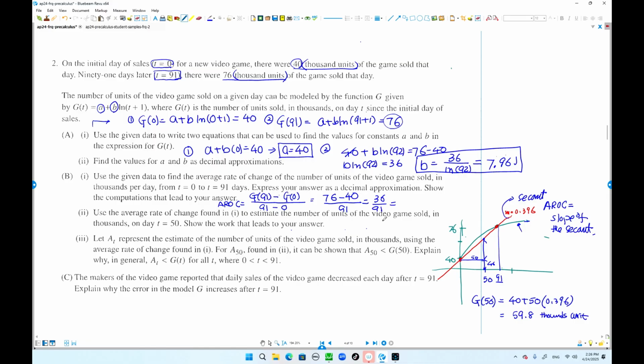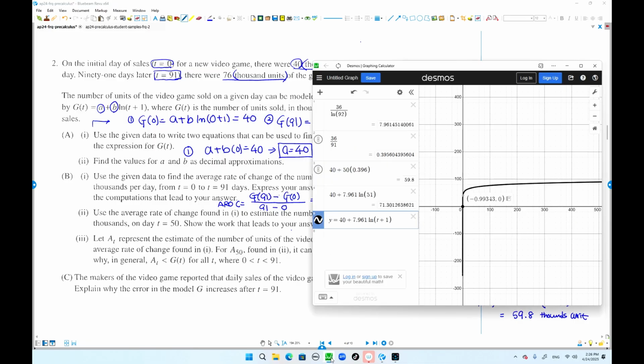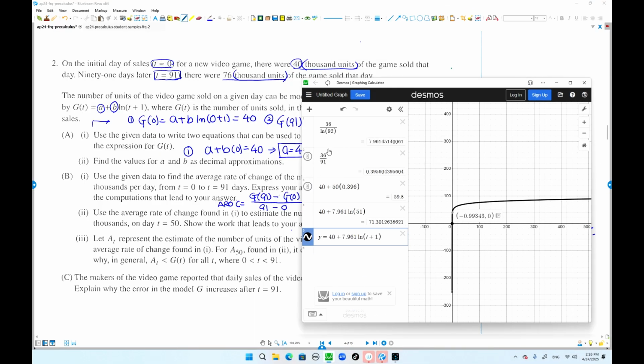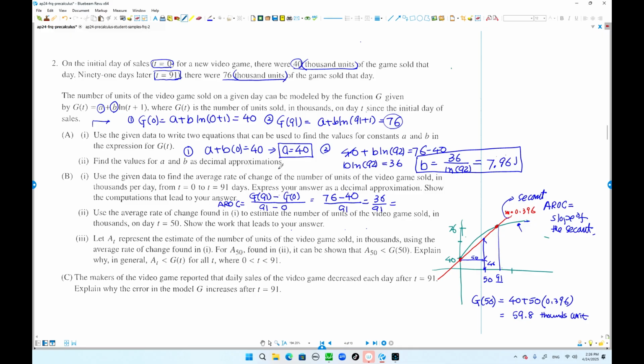Now let's find the three decimal places over here. 36 over 91 is 0.3956, so 0.396 is okay. 0.396, okay? But this is the rate, and this is in thousands.